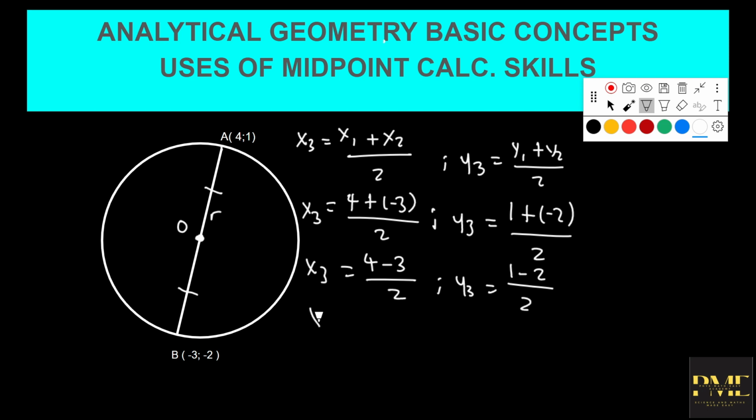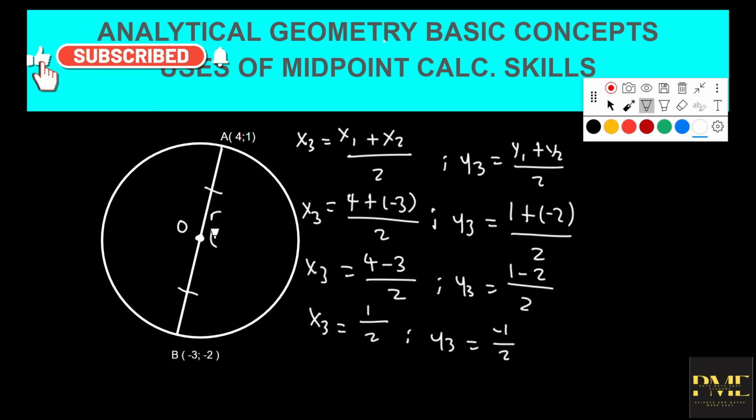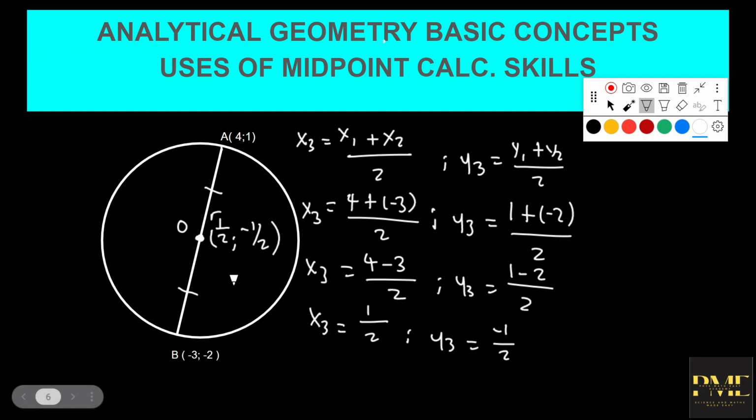Then our x3 will be equal to 4 minus 3, which is 1 over 2, and y3 will be equal to 1 minus 2, which is negative 1 over 2. Therefore, the coordinates of the center for this particular circle are 1 over 2, negative 1 over 2, guys.